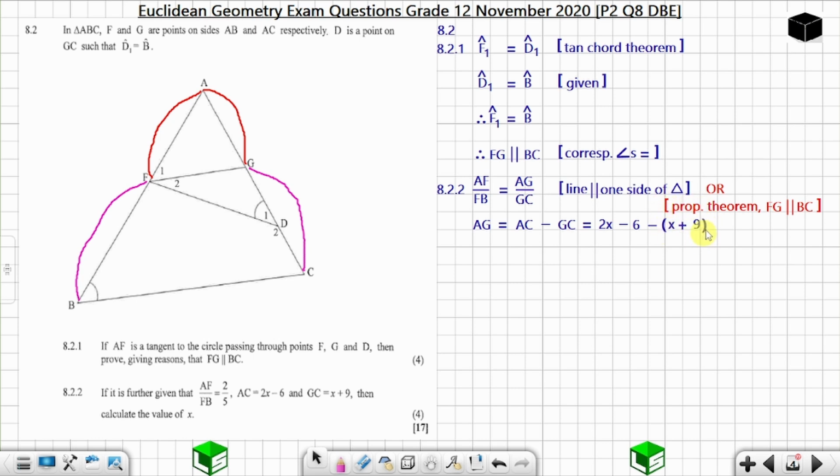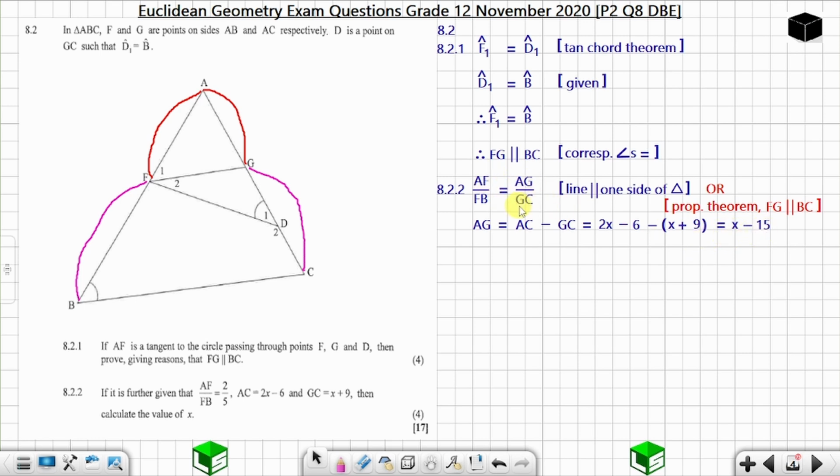GC in bracket, you have minus in front of GC. So this is equal to 2x minus x, which is x, minus 6 minus 9, which is minus 15. So AG is equal to x minus 15.